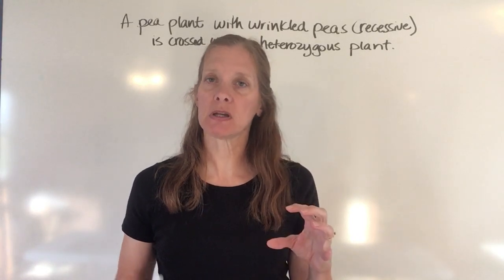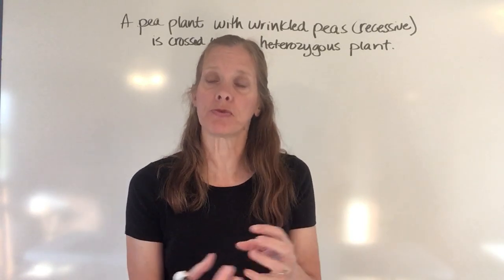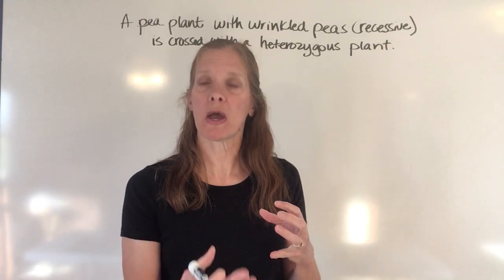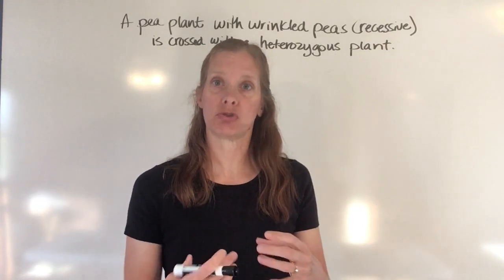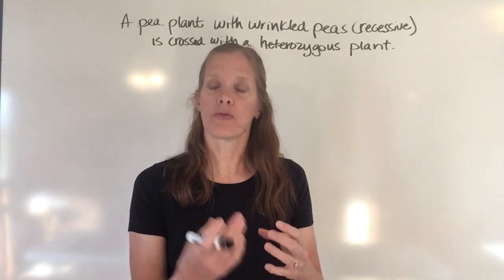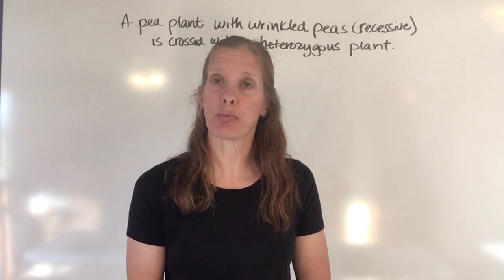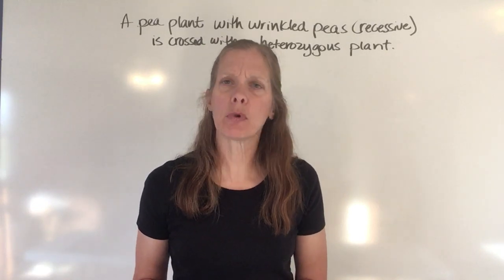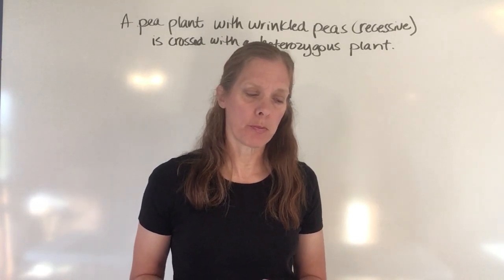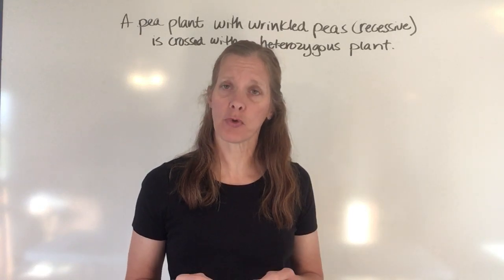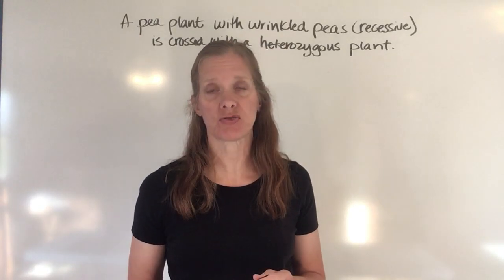If you have a dominant and a recessive trait both coded for in the same organism, the dominant trait is the one that's going to show up, even though the allele or the gene or the factor for the shortness trait, for the recessive trait, is still going to be present. We also talk about whether an organism is homozygous for a trait or whether it's heterozygous for a trait.